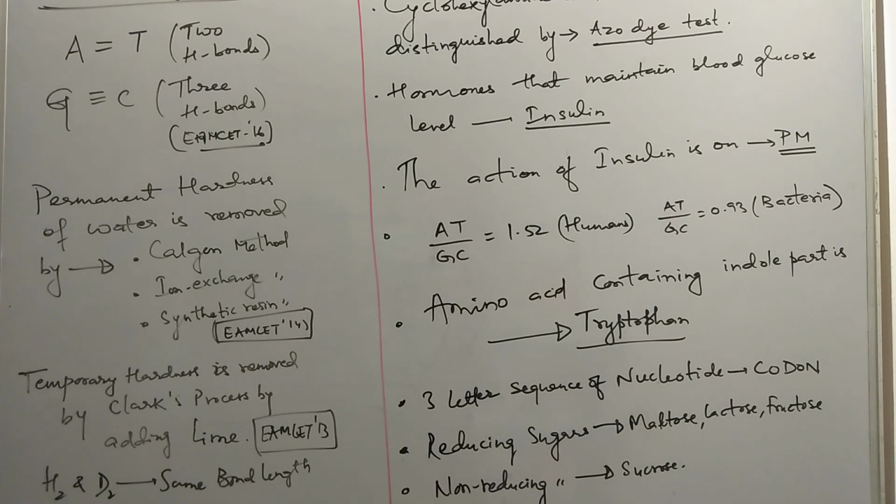There are 64 codons which code for 20 amino acids, including initiation codons as well as stop or termination codons.